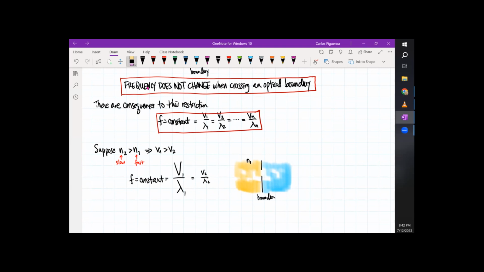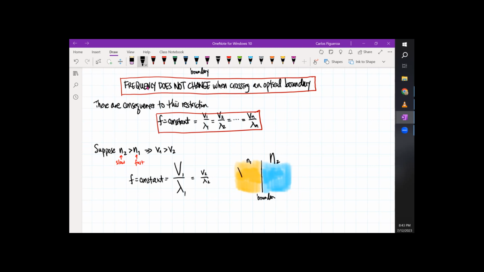So this index right here is going to be higher. I have my blue index here, and I have my yellow index here. So what does this mean? If I have a lower index, what am I going to see here?